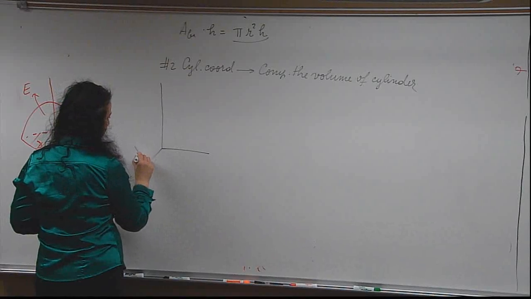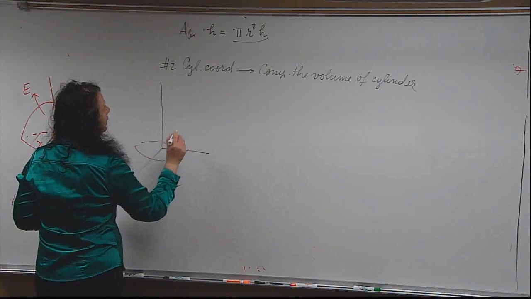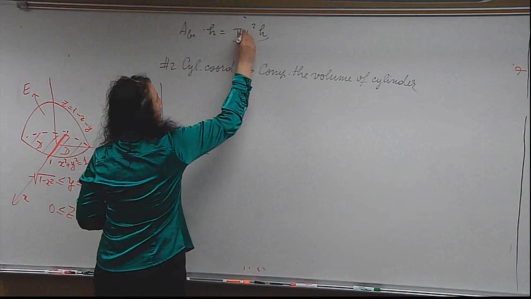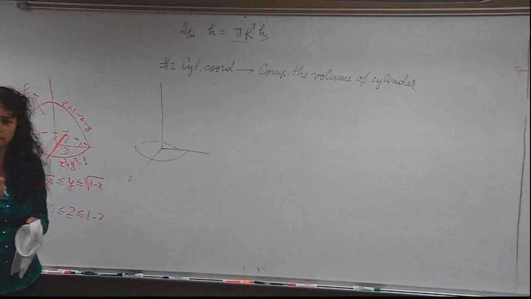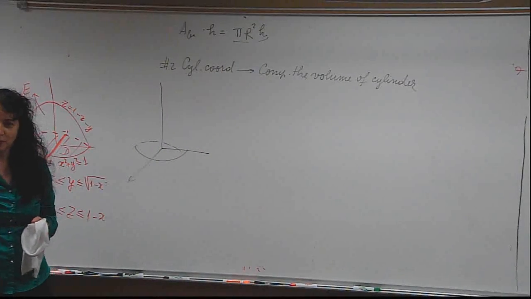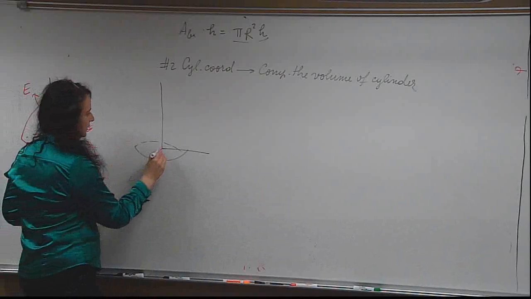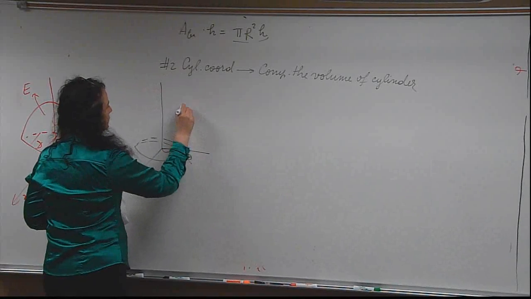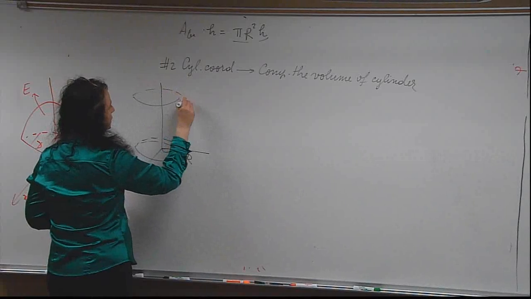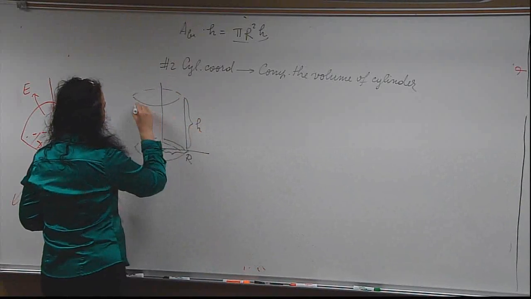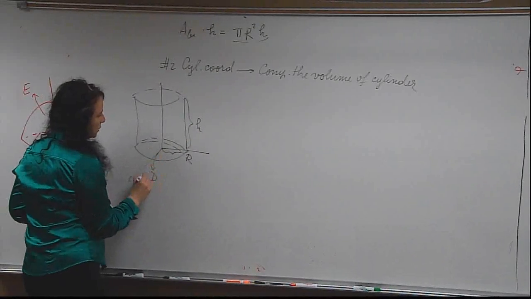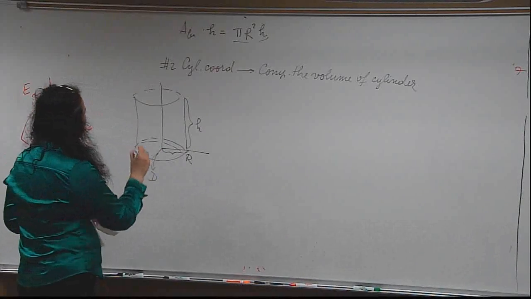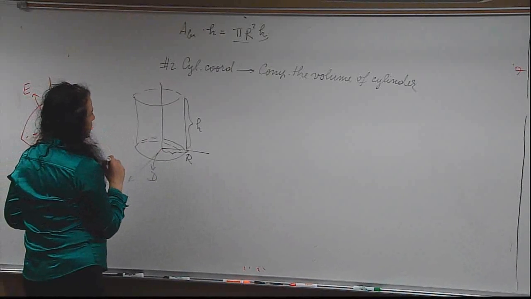Well, we'll get pi r squared h. Let's put big R because I reserve little r for the variable between 0 and big R for the polar coordinates. So this is big R and this is little h, and this is your domain. So how do you write the cylinder?